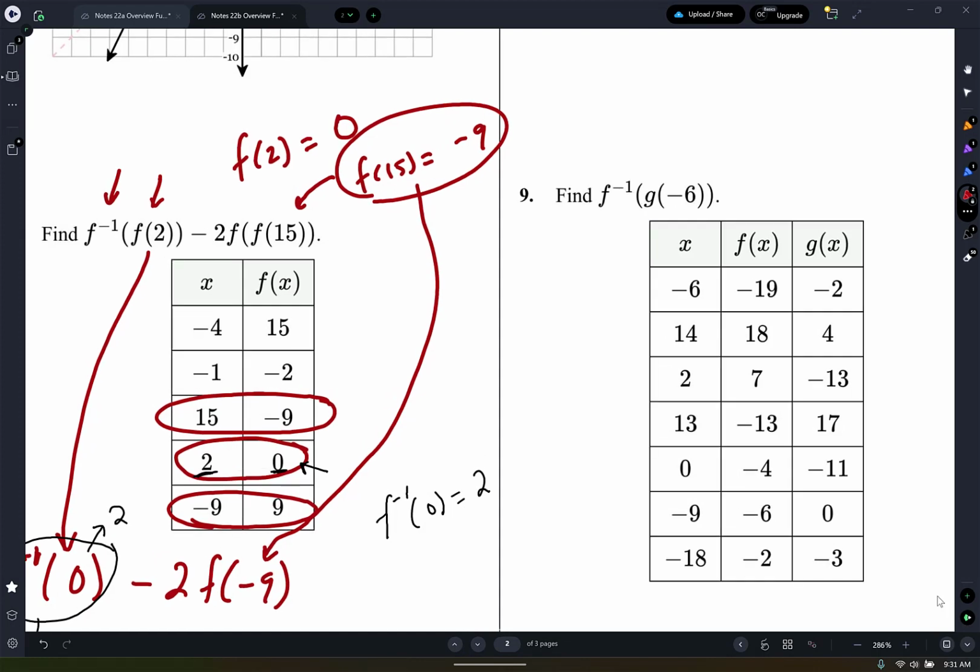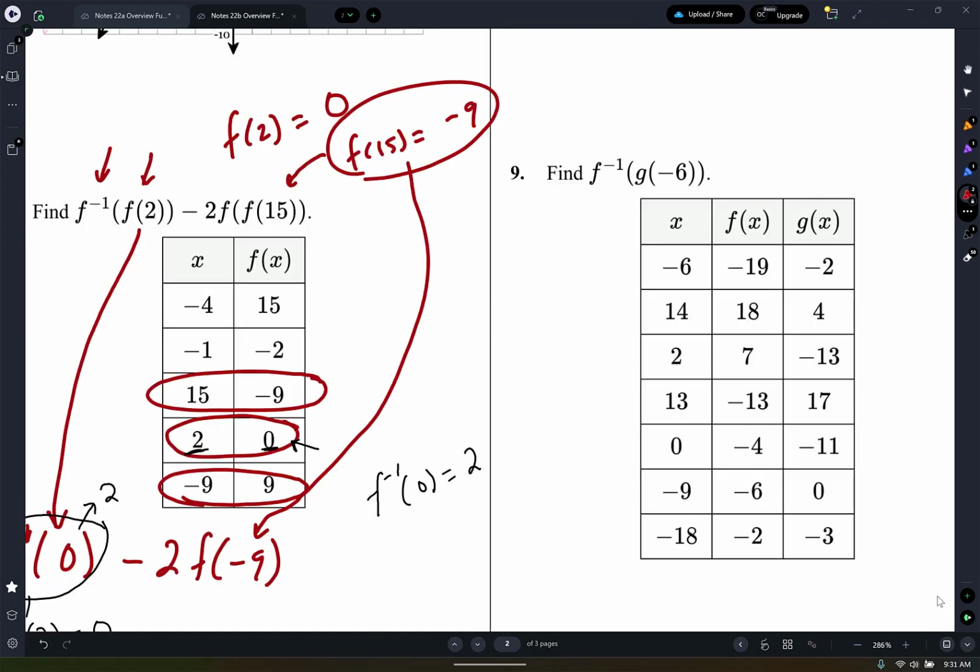All right, here we go. First, evaluate the inside. This is similar to composite functions. G of negative 6. So I go to G, and I go to negative 6. So let's see. The x value, negative 6. G of negative 6 is negative 2. Do you see that? So this is f inverse of negative 2. Are you okay?